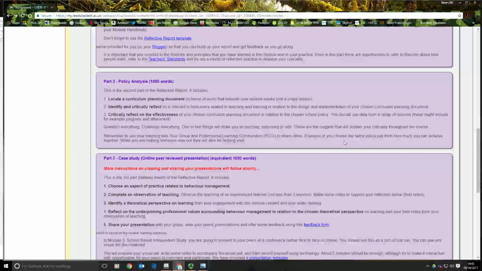And all we want you to do, it sounds very straightforward, is to highlight where we've got documents that are very well aligned, and maybe where there might be practices that differ from what the policy intended, and also vice versa. And then possibly some reflection on the impact of that on children's learning, on the smooth running of the curriculum, and then what you might want to do about it. We can give you some tips as well.